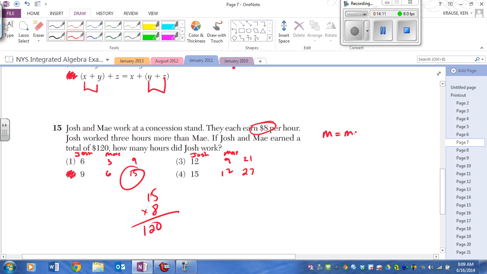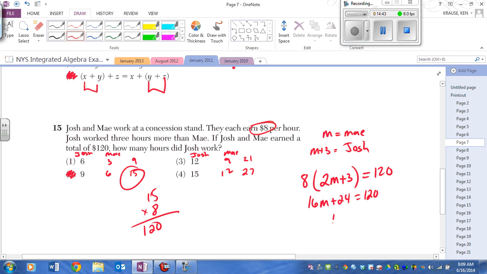M equals May's work hours, and M plus 3 is Josh's. Altogether, they work 2M plus 3 hours, right? But it didn't talk about hours, it talked about money. So I'll take this whole thing and multiply it by 8, because they each earn $8 an hour. No matter how much they work together, they make $8 an hour, and that equals 120. So this is 16M plus 24 equals 120.